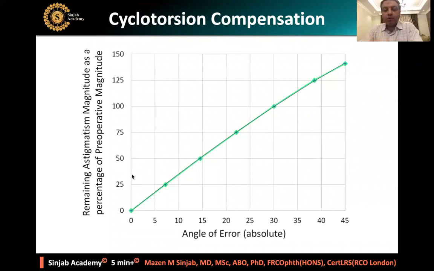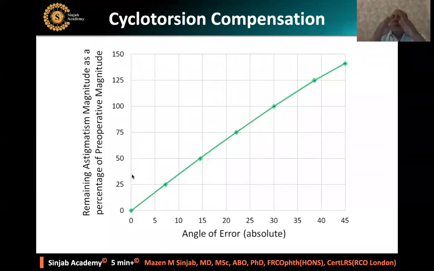But how do we identify the direction of the cyclotorsion? This is a very important issue. Can we explain to the audience how to overcome this problem? Most of the machines have iris registration, and it is solved automatically, but sometimes you have to do it manually.